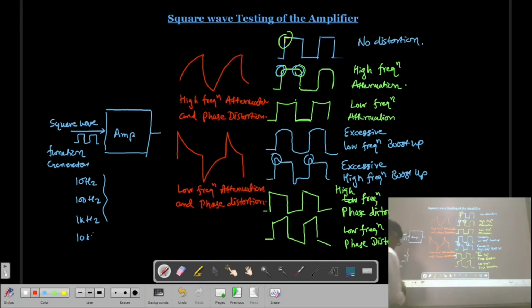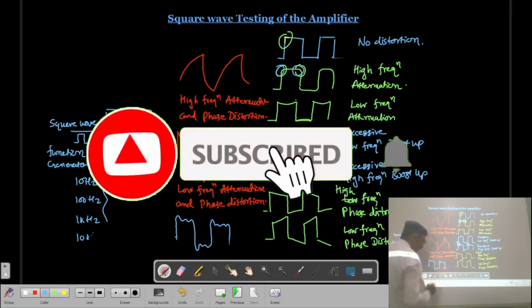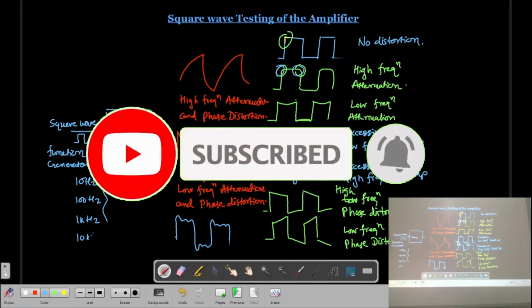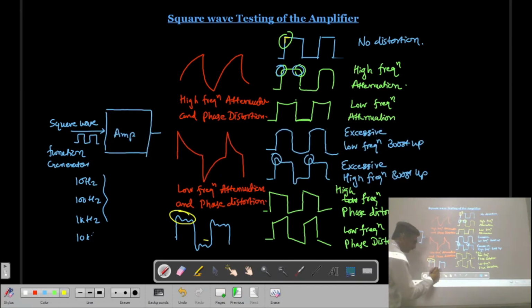Sometimes you can have this kind of a signal. So here, whatever the flat portion is, in this flat portion there is a kind of ringing. It is indicating a kind of oscillation.